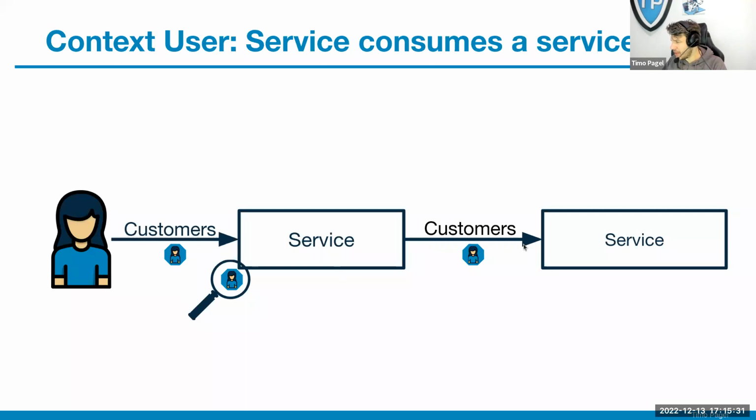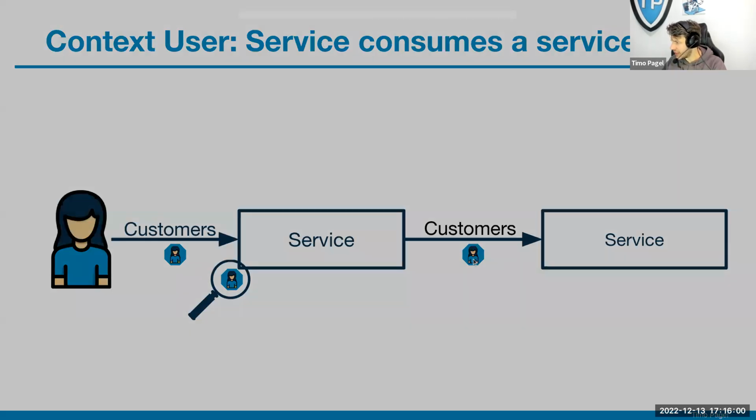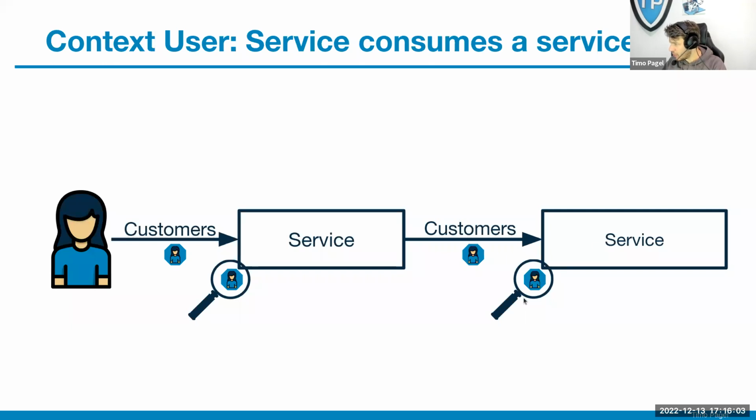Maybe they provide the same access token. That is a debate you can have for long, if that is a good idea or not. Generally speaking, it's not a good idea, but we assume that you do that here. Maybe it's the same access token. Maybe you went to the identity provider and did, how is that called, impersonation. But it still says it's for the same customer which requests here, and the next service also validates the access token again.